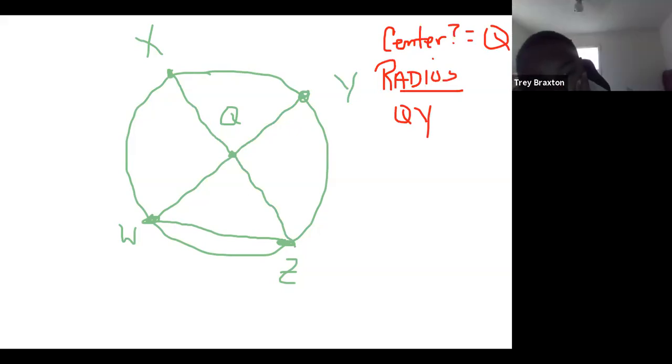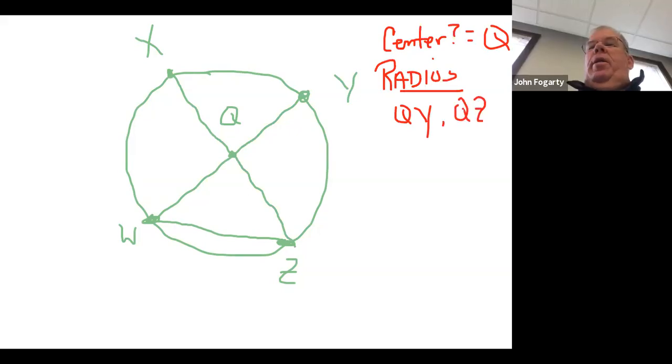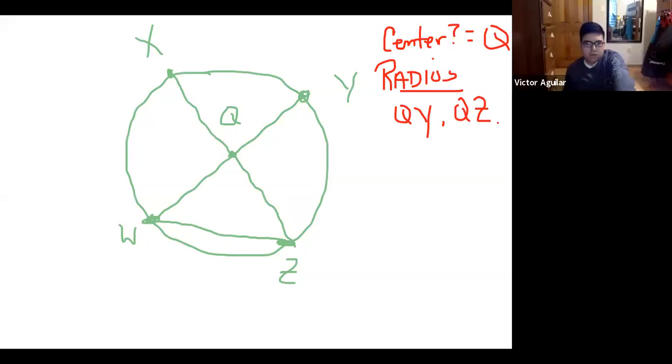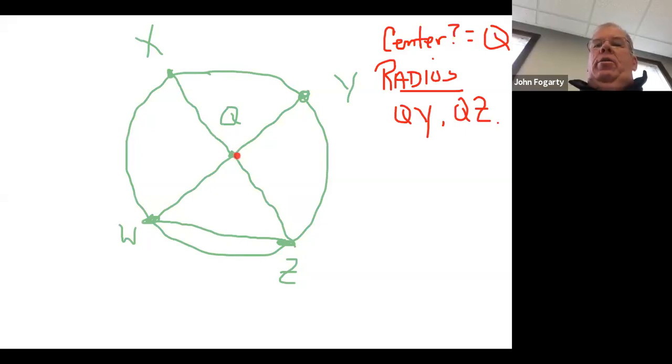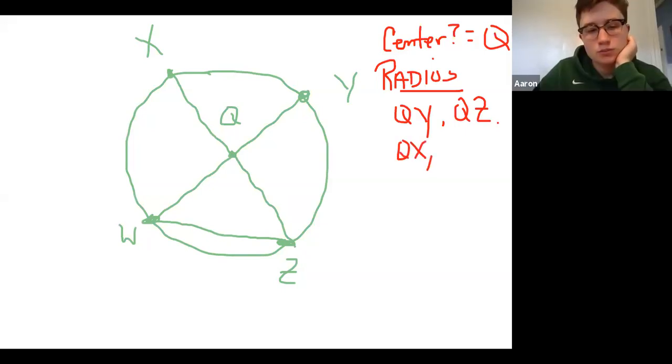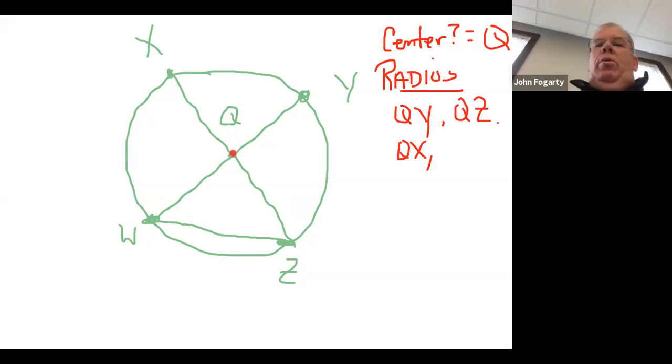QZ. Very good. Somebody give me another radius. QX. There's a radius, center point Q to X. I think there's one more. QW. Line segment QW.